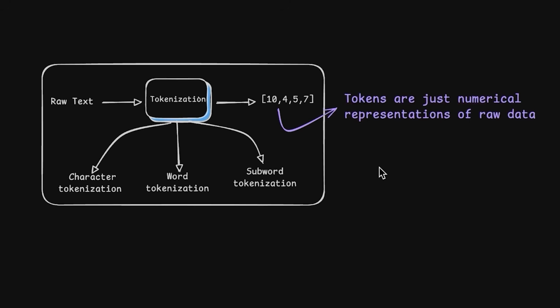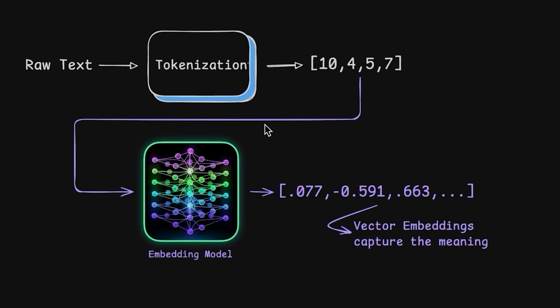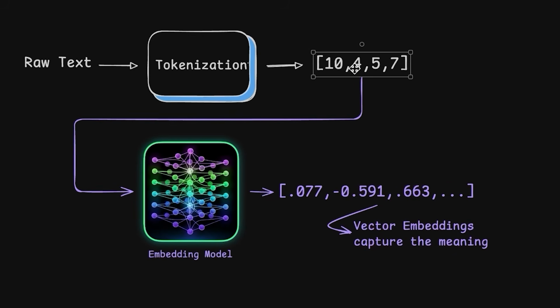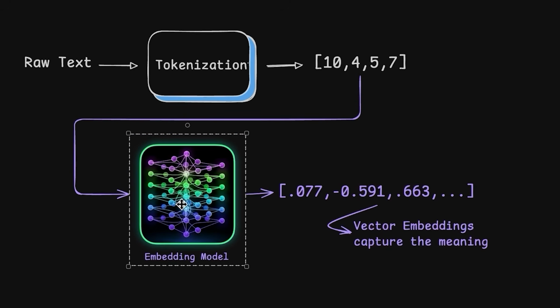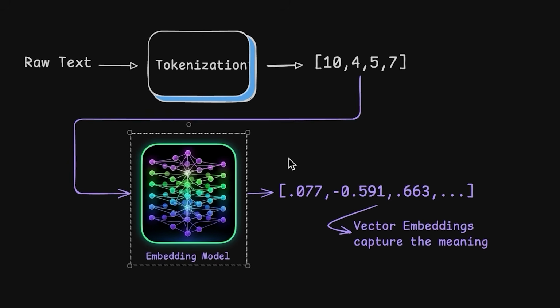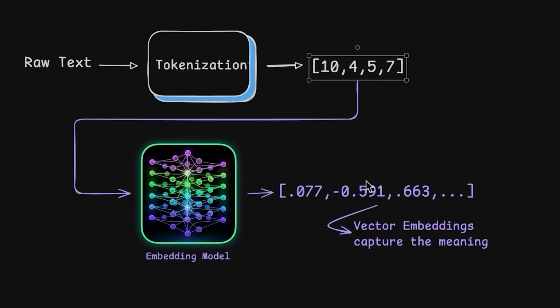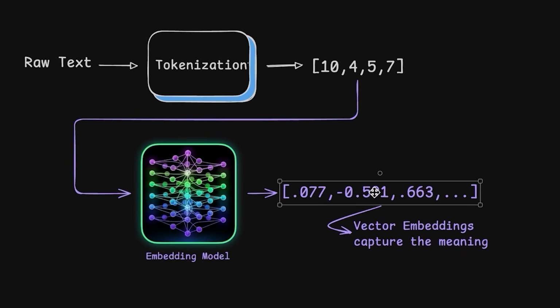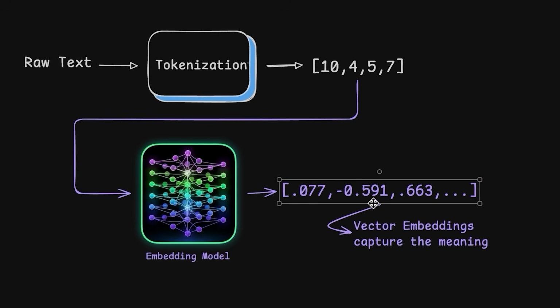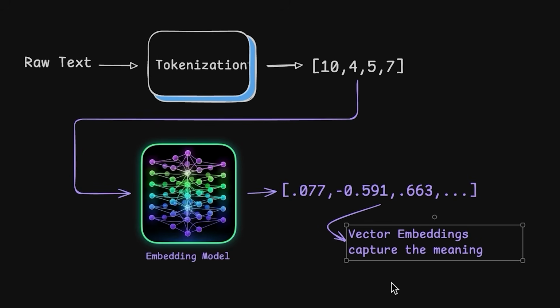First, the raw data is tokenized and converted into some numerical representation, and then these tokens are given as input to the embedding model. The embedding model takes these tokens and converts them into vector embeddings, and these vector embeddings are what capture the semantic meaning.